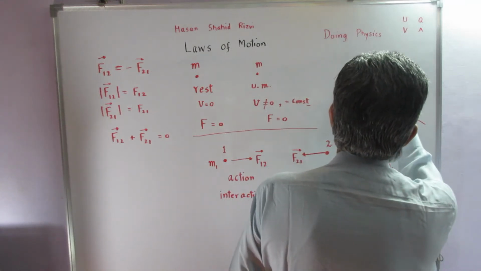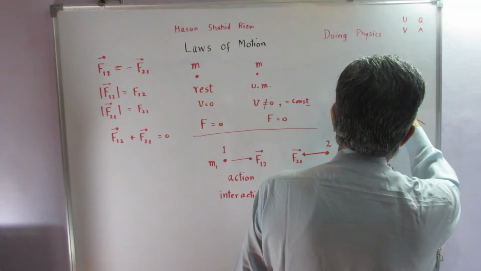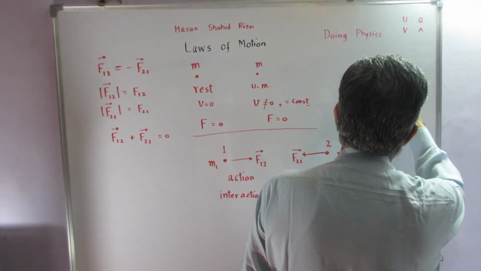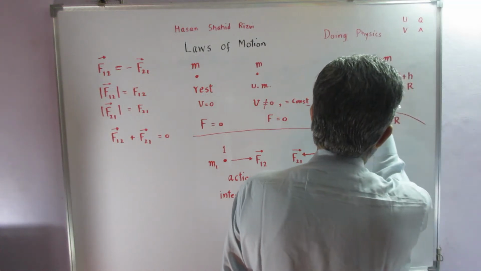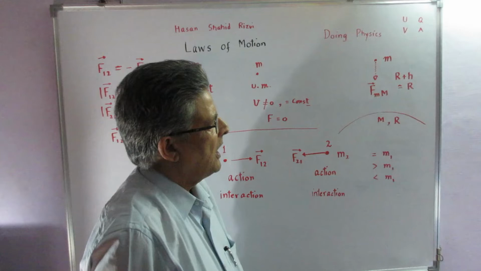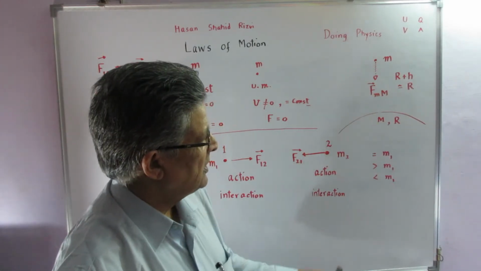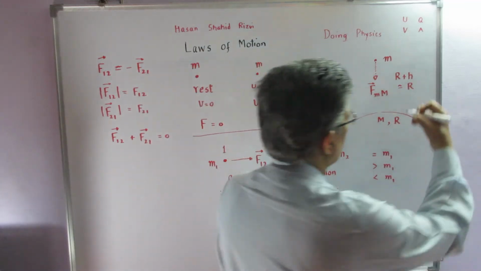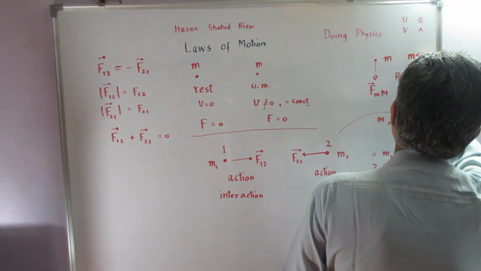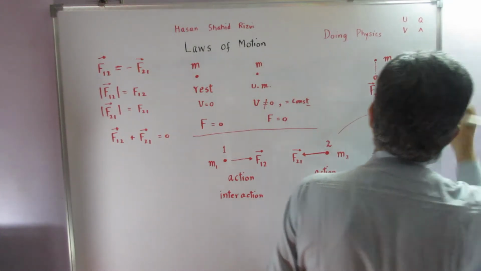We say that this is F on body m due to body capital M. Try to understand that. This is the force on the mass small m, which is, of course, very small as compared to capital M. Okay.